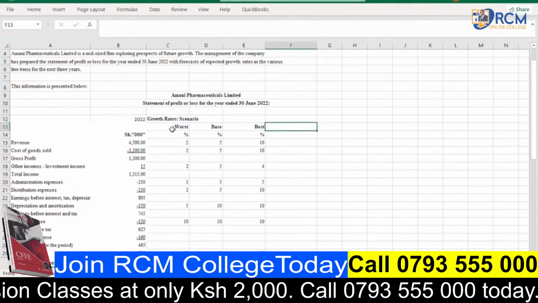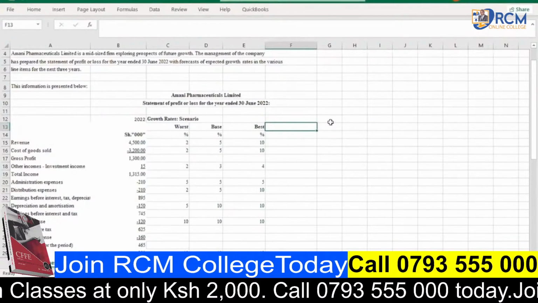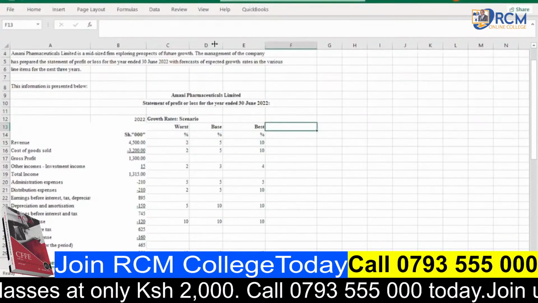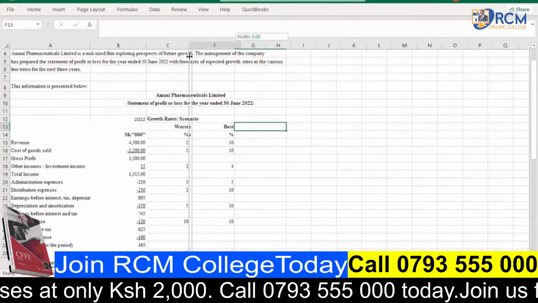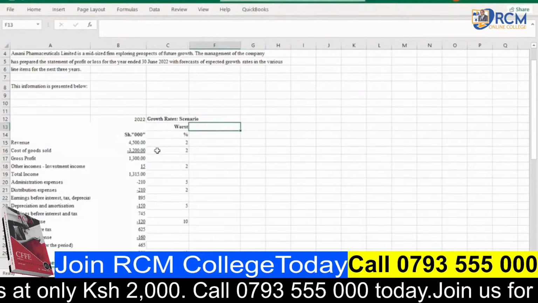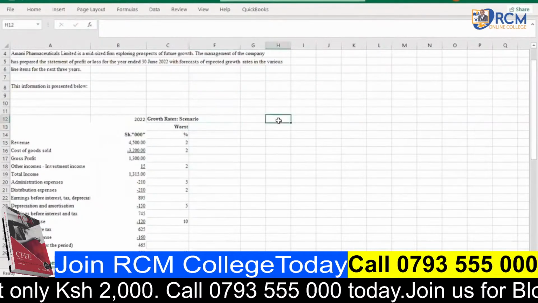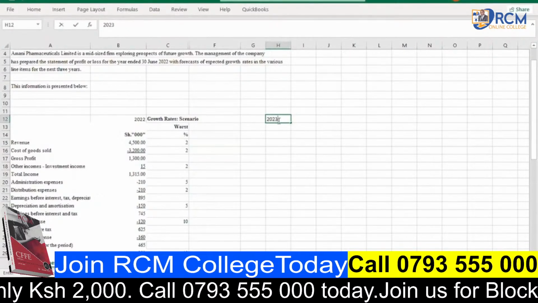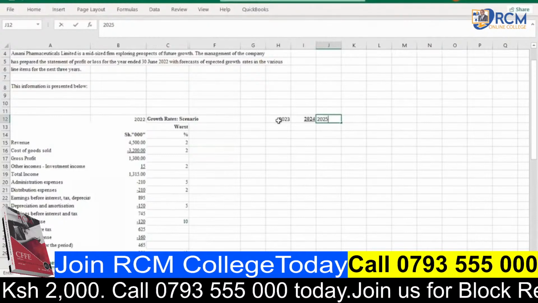So let's have now 2022 values, which are given to us there. Let's assume all these other ones are not there. So I've said for you to work this out perfectly, you assume that the other scenarios are not there and you want to work out the values for 2023, 2024, 2025.